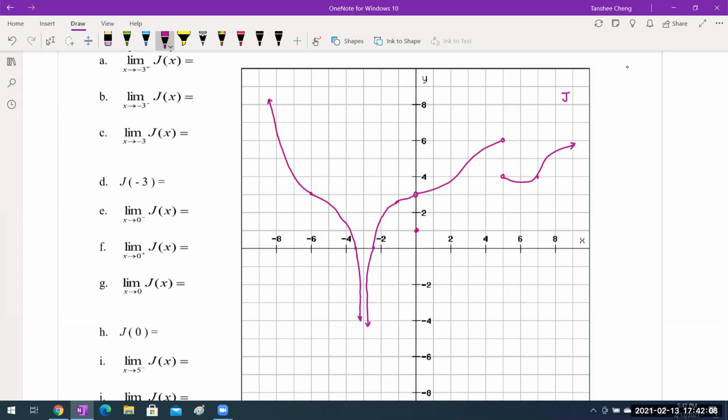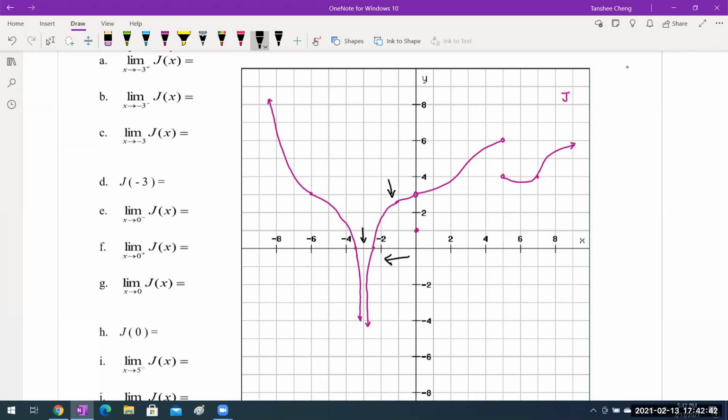Let's move on. The first question is, limit as x approaches -3 from the right-hand side of the function J. So where is the -3? Here is the -3. And we are trying to approach -3 from the right-hand side. So the portion of the graph of this piecewise function that we're going to use to find this limit is this part.